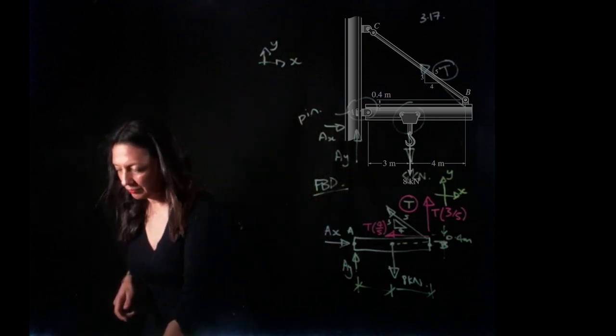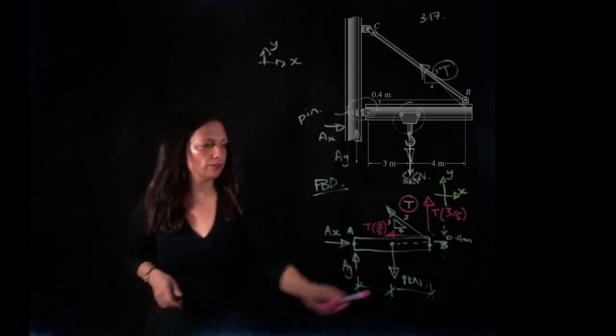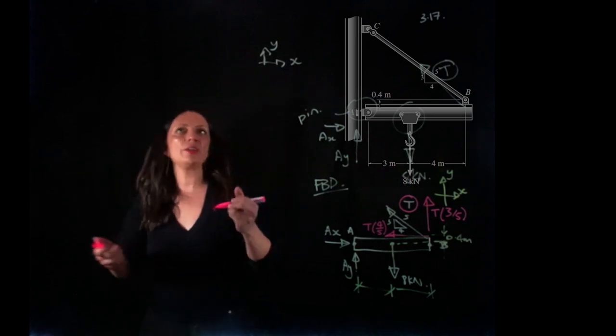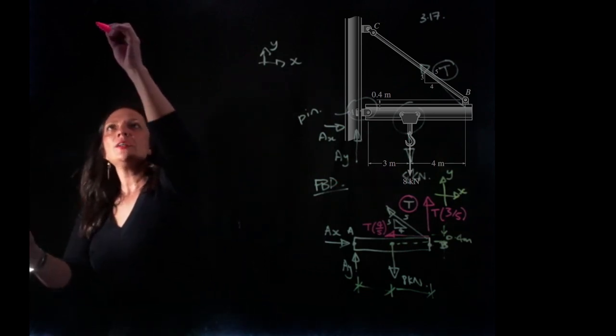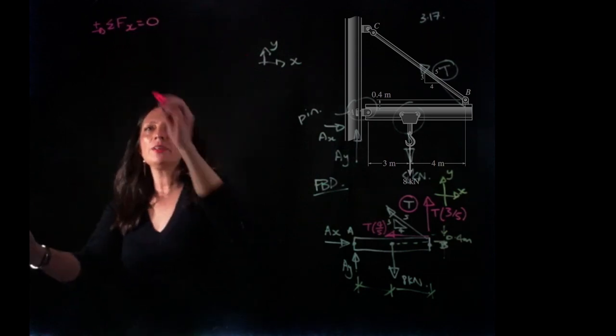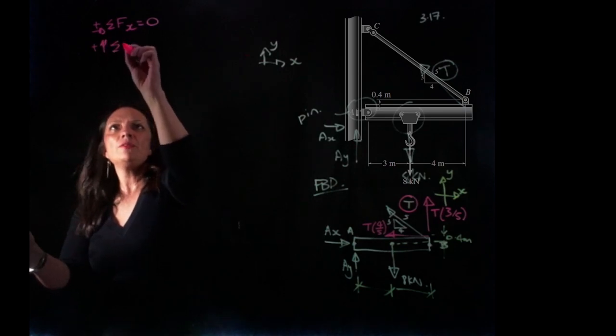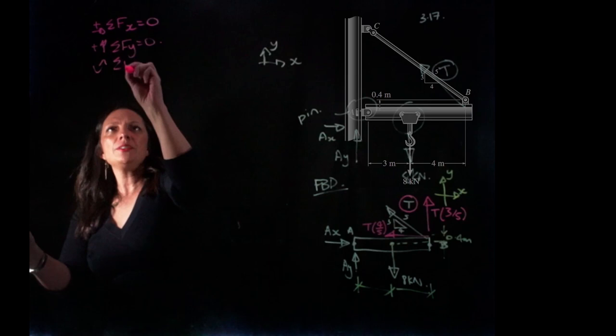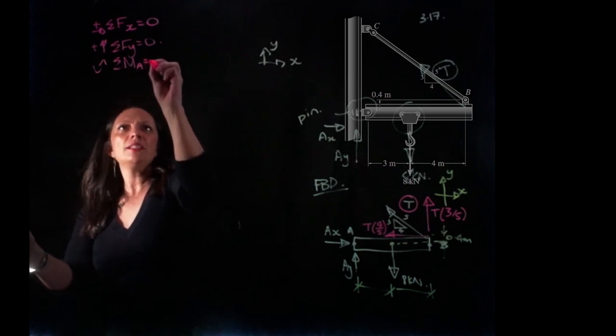Alright, so now I've got my free body diagram, I should be able to actually calculate T. So let's write out our equations of equilibrium. For equilibrium to occur, the sum of the forces in the X direction has to equal 0, the sum of the forces in the Y direction has to equal 0, and the sum of the moments acting at a point has to equal 0.